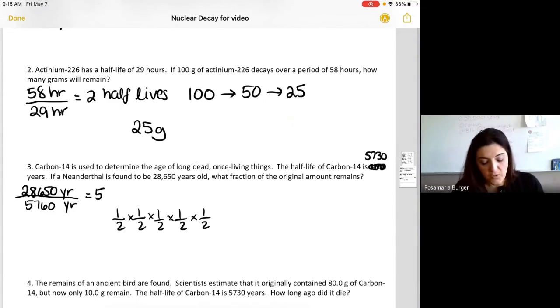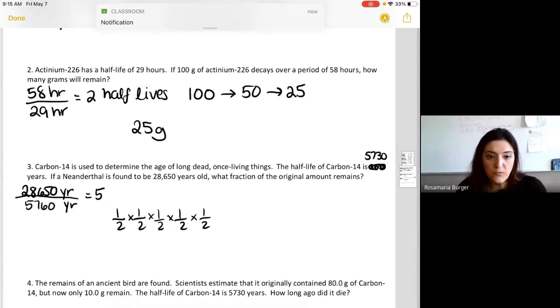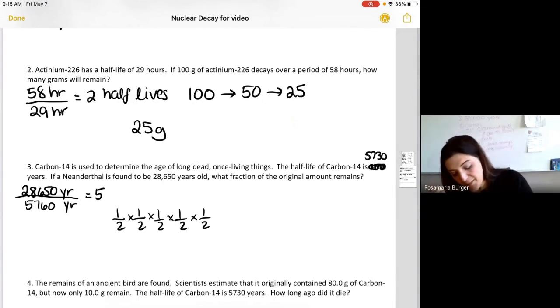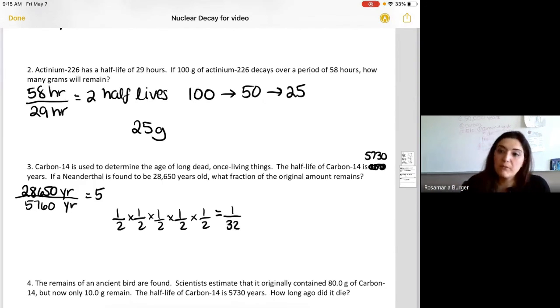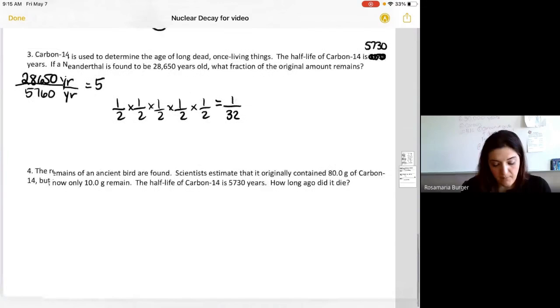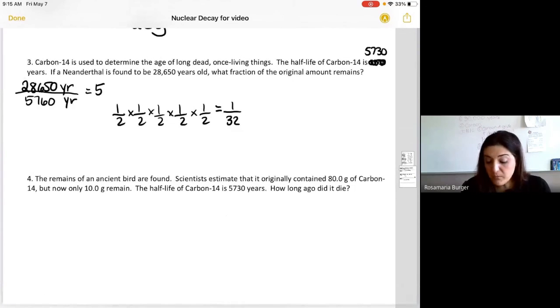So in my calculator, I'm going to do 2 times 2 times 2 times 2 times 2. So 5 times I'm going to do it. It's going to get me 32. So 1/32 of the original amount is going to remain here. Remember, we're asked here for the fraction. So that's why I did it this way. I wasn't asked for an amount because I wasn't even given an original amount.